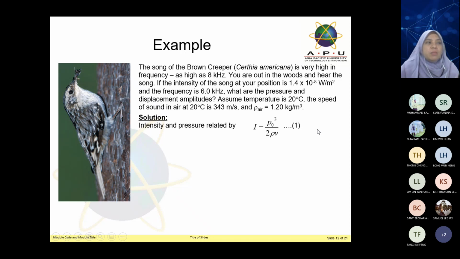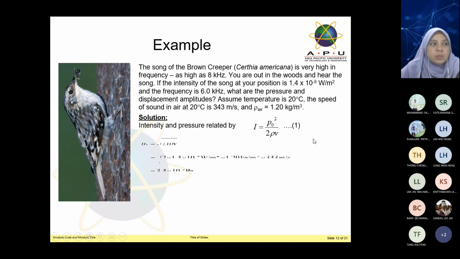So intensity and pressure are related by this formula: I equals P0 squared over 2 rho V. So P0 squared equals 2 rho V I. When you don't want the power of 2, you need to square root this whole thing. Then substitute the values.